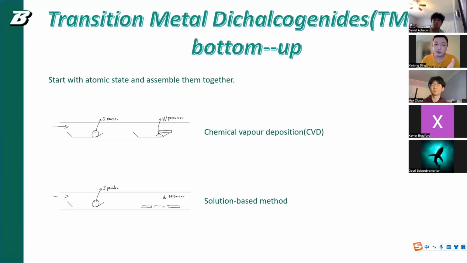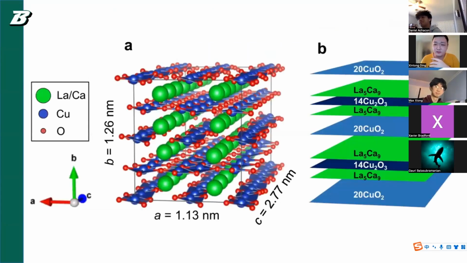So what we do is we get the materials started from the atomic state and assemble them together. So let's see this plot. I think this one is what we got for complex 2D materials.